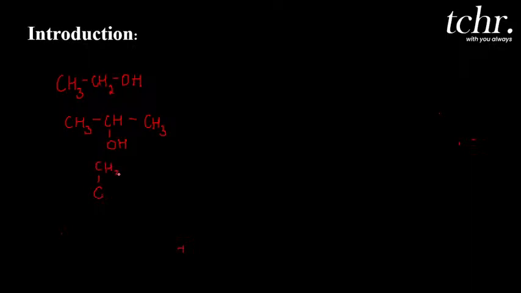And what is the difference you can observe in all these examples? Students, what you can observe here is that the functional group, the alcohol group OH, is bonded to an sp3 hybridized carbon atom, right?